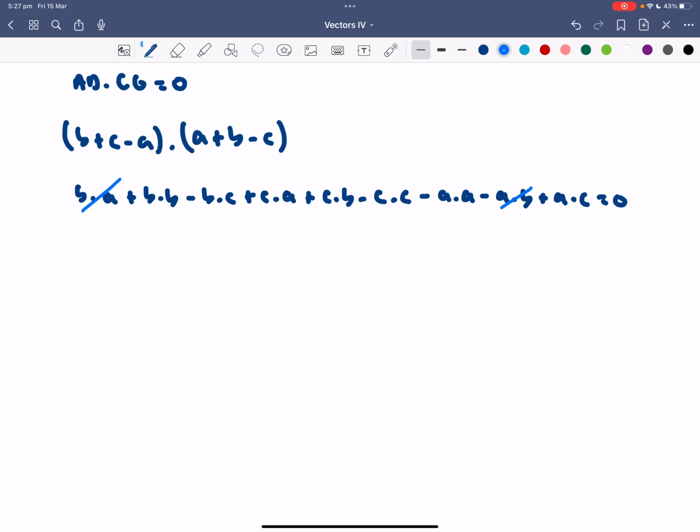Then we have a minus B dot C and a plus B dot C. And we have a plus C dot A and, oh, that's 2 pluses, so those shouldn't cross out unless I've made an arithmetic error.